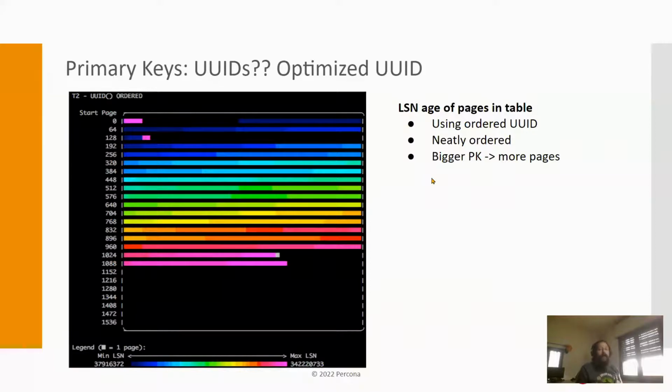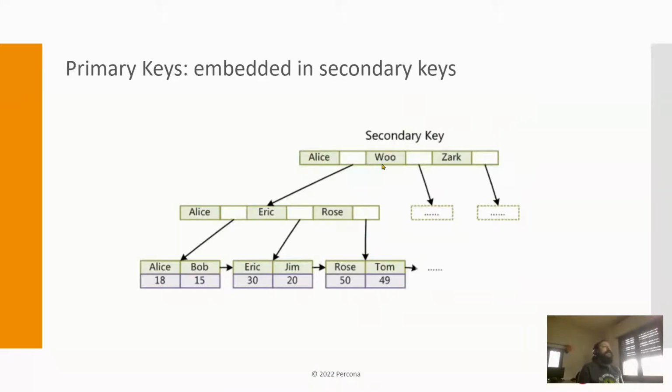And remember one more thing. A bigger primary key means bigger secondary keys, because the secondary keys have the primary key embedded in them. If you have a secondary key that is 4 bytes per row, and now you're adding 16 bytes to it, instead of a secondary key that is 8 bytes, 4 for the secondary key and 4 for the primary key, you now have one that is 20 bytes.